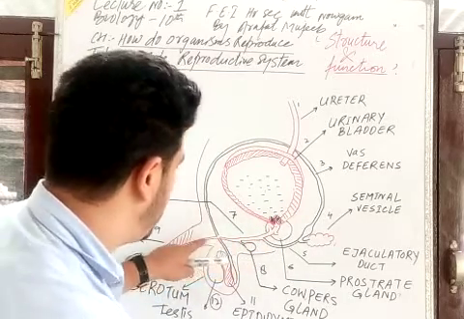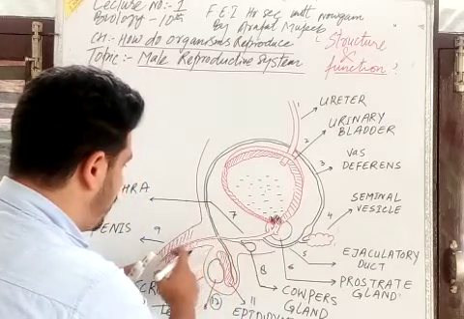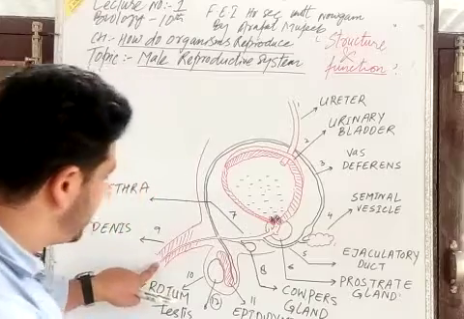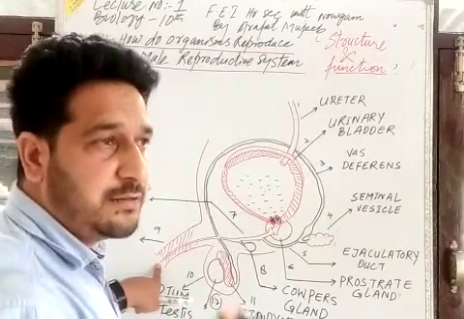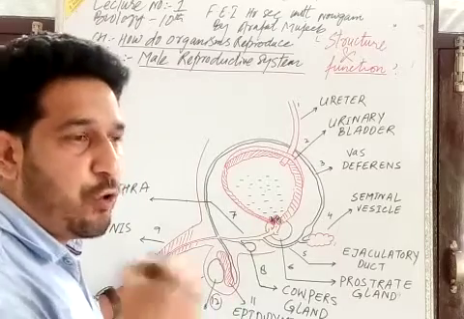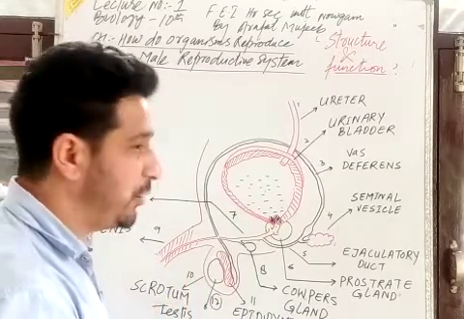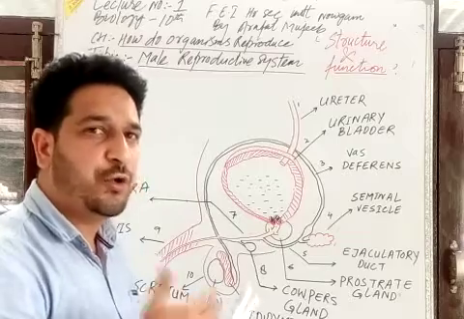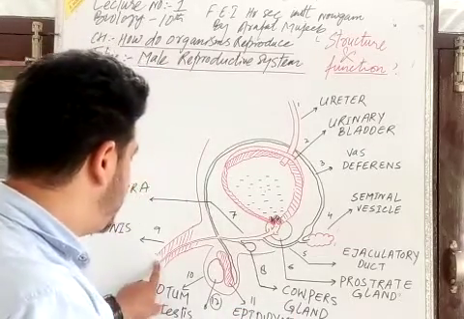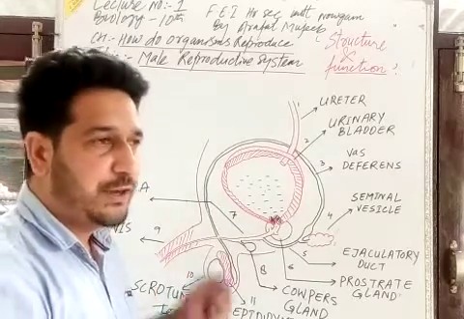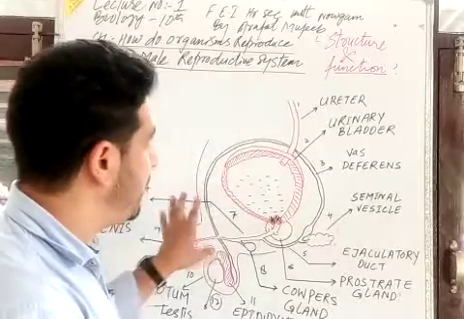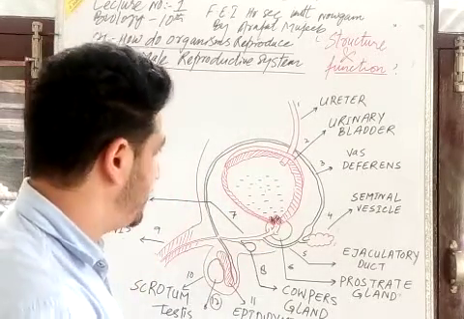Then this urethra moves forward and out, and at the tip of the penis there is the opening where the urethra opens so that it could pass and expel the urine. At the tip, the urethral opening also has a sphincter.